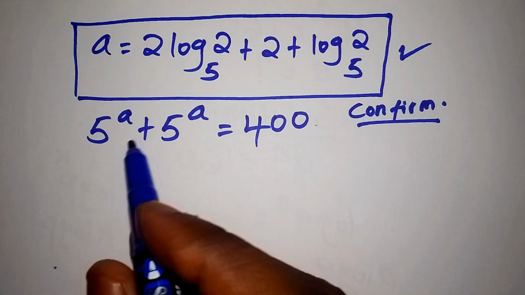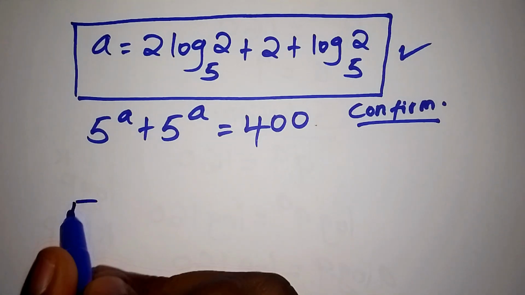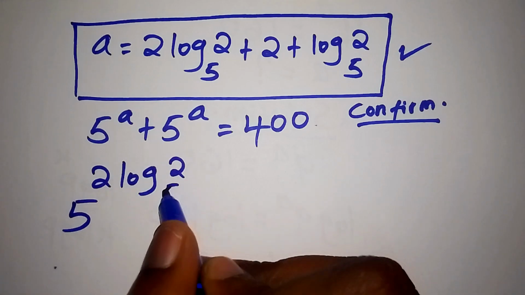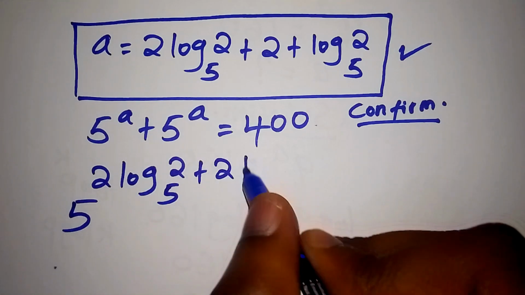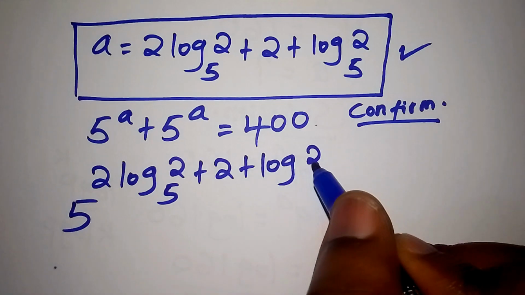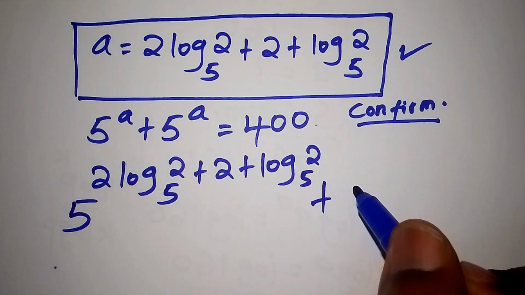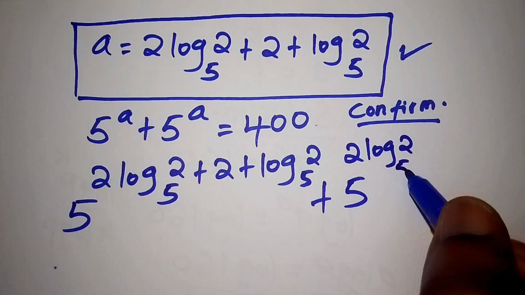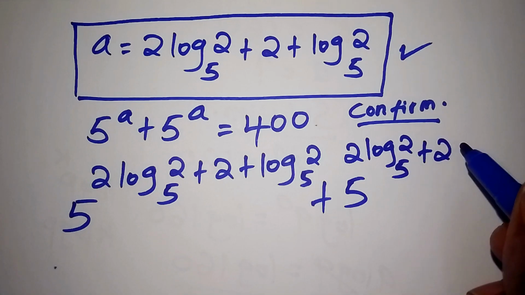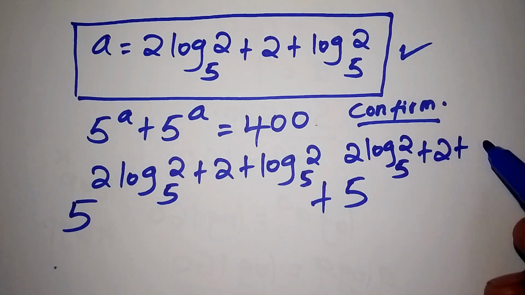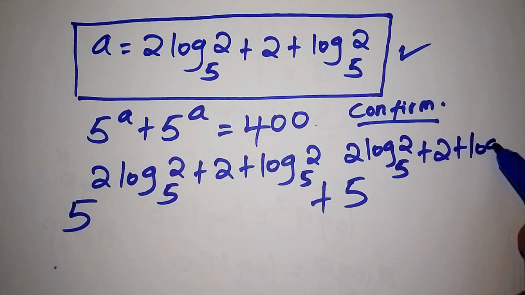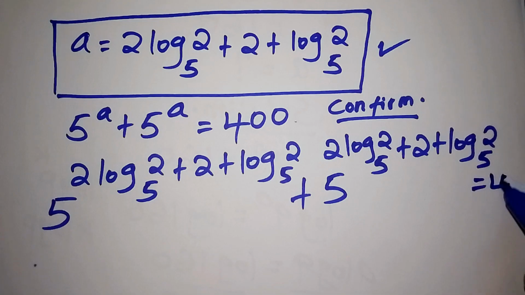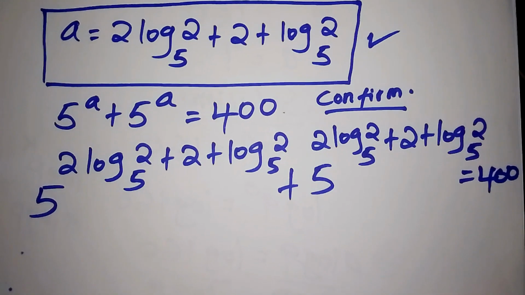Instead of writing it as 5 to the power of a, we shall now have 5 to the power of the whole of this: 2, the log of 2 to the base of 5, then plus 2, then plus the log of 2 to the base of 5, then plus again 5 to the power of 2, the log of 2 base 5, then plus 2, then also plus the log of 2 to the base of 5, is equal to 400. So let's now check if it is bringing that 400.